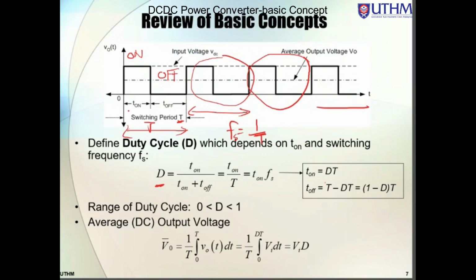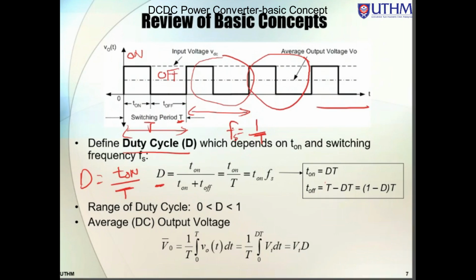T on is the time during the on cycle, and T off is the time during the off cycle. Our duty cycle is defined as D equals the time during the on cycle divided by the switching period, T on divided by T, or T on plus T off. T on plus T off is equal to T. You need to remember that.